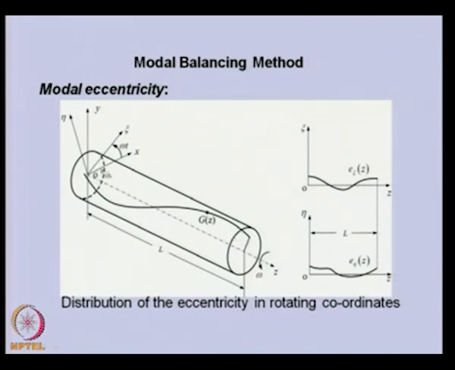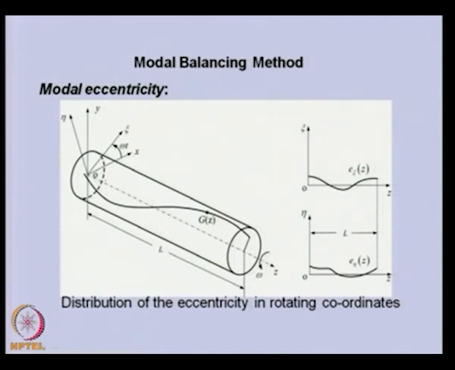This has been exaggerated, but the shape we would like to highlight here is that if we take one particular slice of the rotor, the center of gravity is not only changing in radial position, but also the orientation is changing as we go along the length of the shaft.